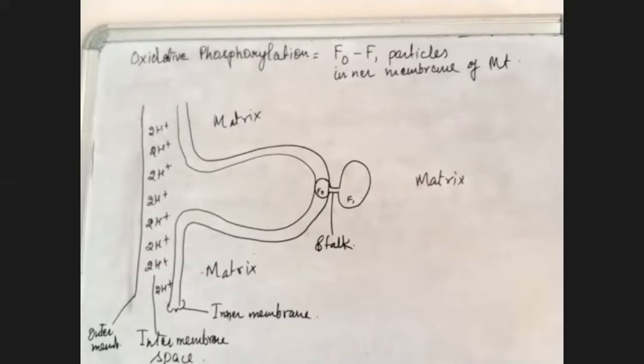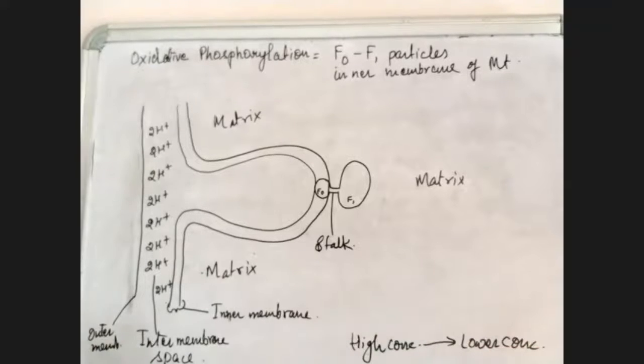As I told you, the number of protons is more now in the intermembrane space because of ETS, the electron transport system. The number of protons has increased in the intermembrane space, and the number of protons is very less in the matrix. So always in diffusion, movement is from higher concentration towards lower concentration.